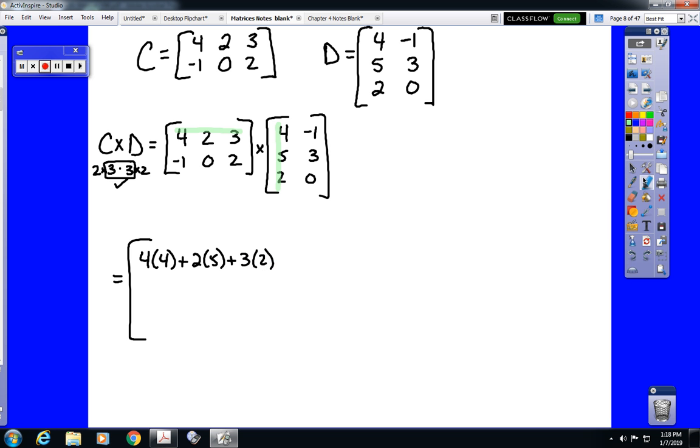And that will be our entry in row 1, column 1. Then we do row 1 times column 2. So again, first times first is 4 times negative 1. Second times second is 2 times 3, so plus 2 times 3. Third times third would be plus 3 times 0.